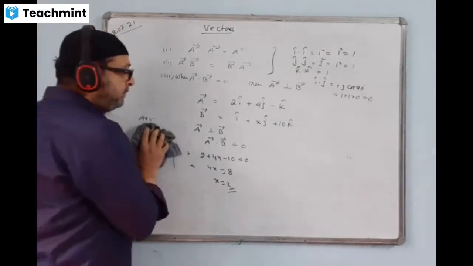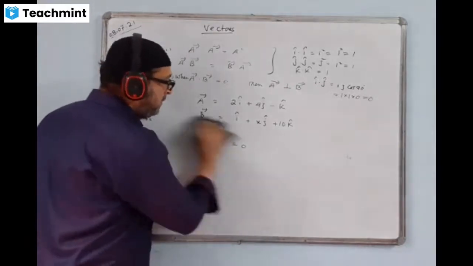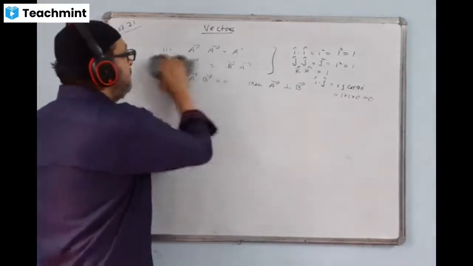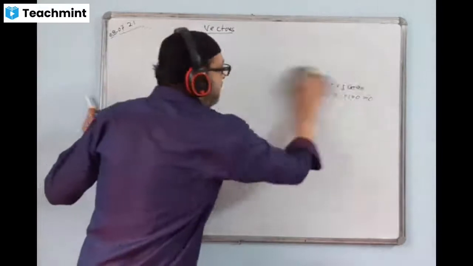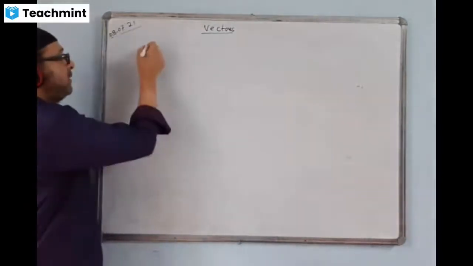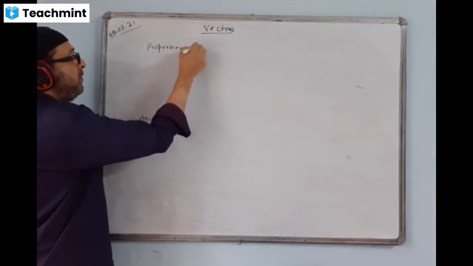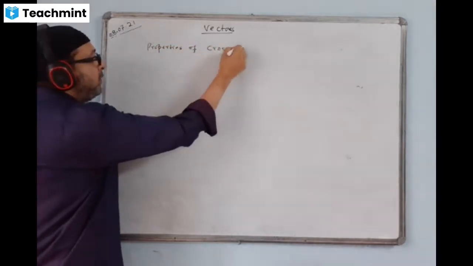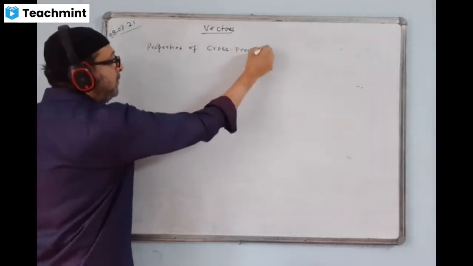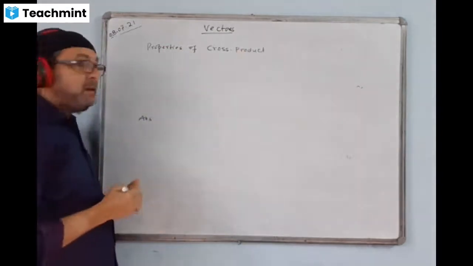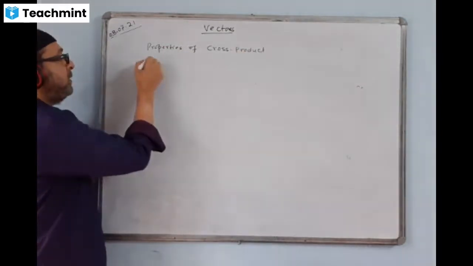Now I talk about, give the heading, properties of cross product. Dot product we have finished all. Now we are doing properties of cross product. Number 1.